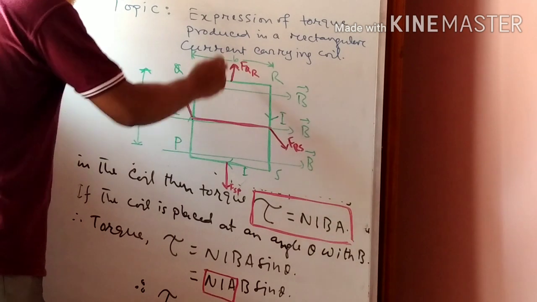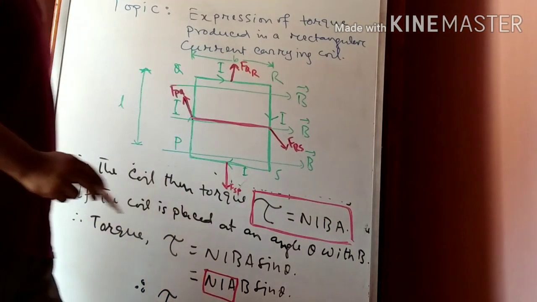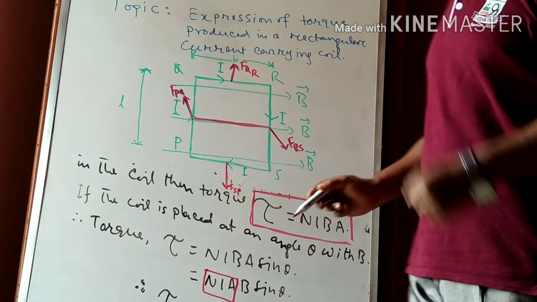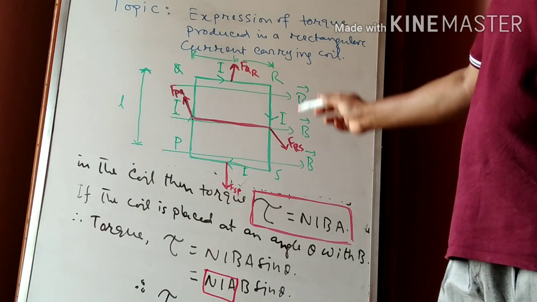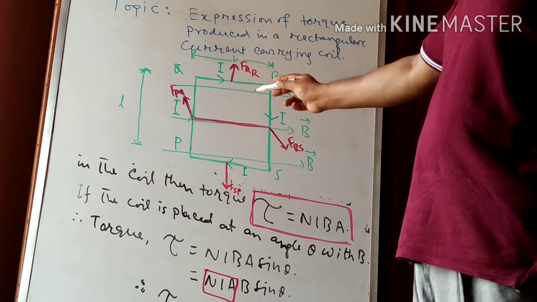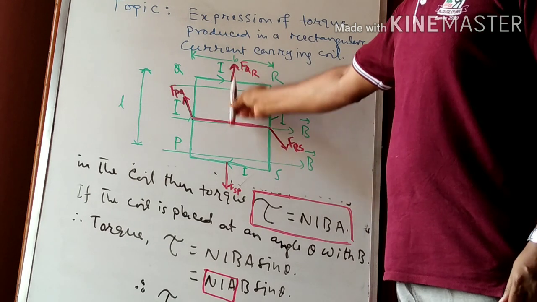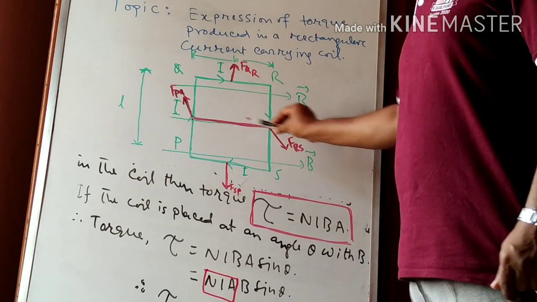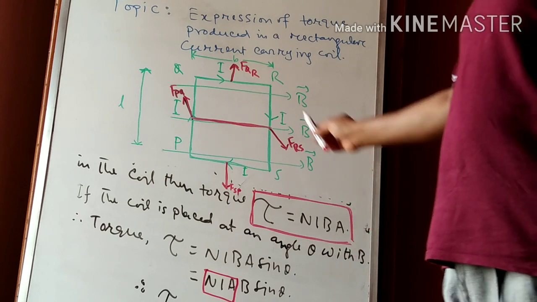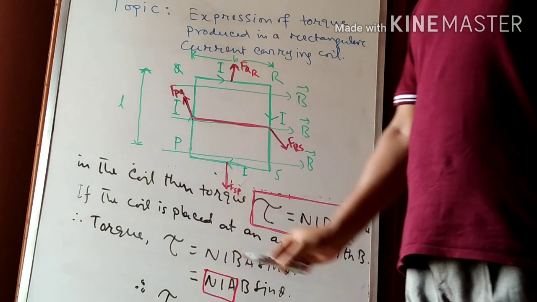So these two forces you see, FQR and FSP. The two forces FQR and FSP are equal and opposite in direction on the same line. But PQ and RS are equal and opposite, but they are acting at two different points.